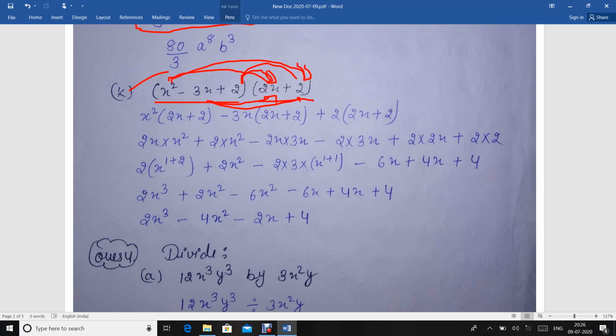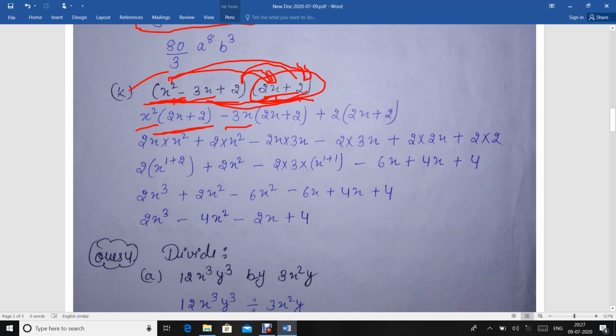To multiply these terms individually, first of all you will multiply x square by 2x plus 2. So for this you can write x square into bracket 2x plus 2. The next is 3x with the negative sign, so you need to put the negative sign also.